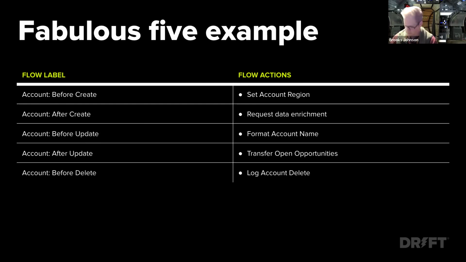After it's created, you might request third-party data enrichment from ZoomInfo or Clearbit or something similar. Before an update, you might choose to enforce formatting of the account name. After an update, if the account owner changes, you might transfer some open opportunities. And if you're trying to audit deletions, you might have a before delete trigger that logs the deletion of the account. It ends up creating a separate record out of this. So these are some suggested use cases for each of these various contexts.